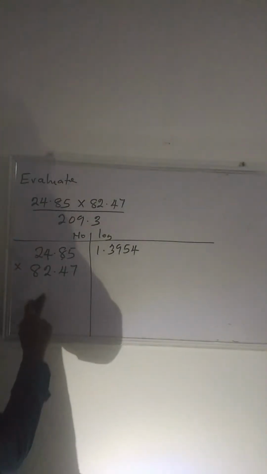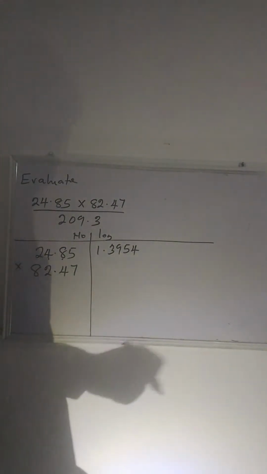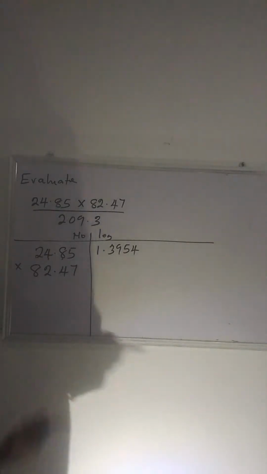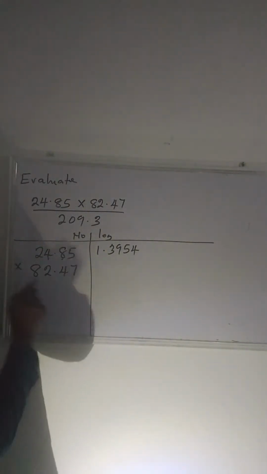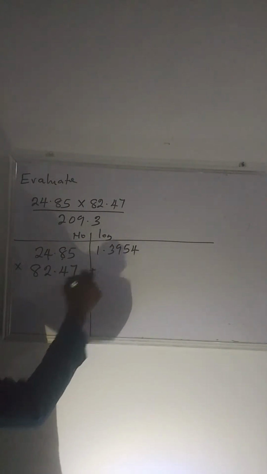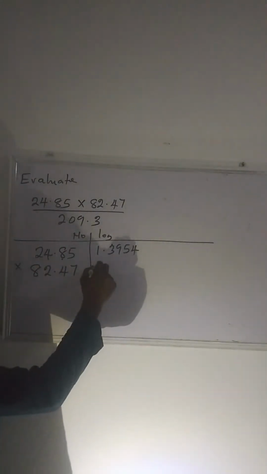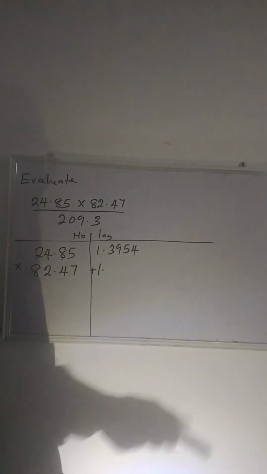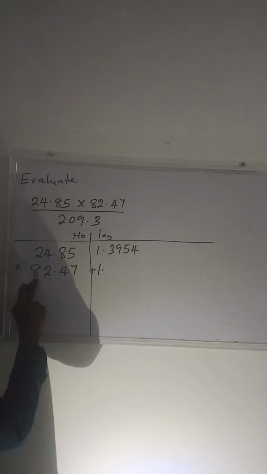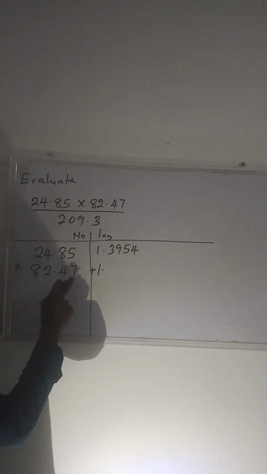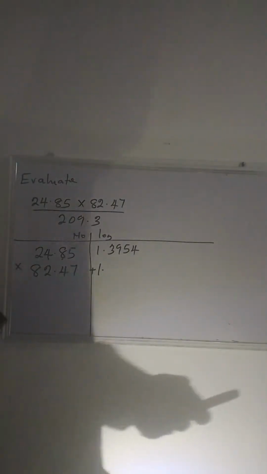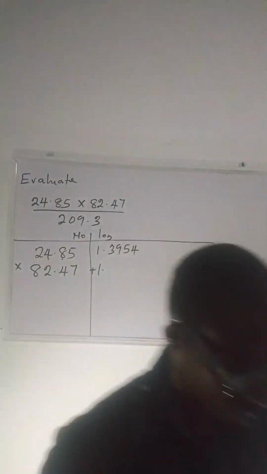Now the second number, the characteristic will be what? 1. Right? Don't forget, this multiplication will turn to plus. So you have the plus here. Characteristic is 1. Now you check 82 under 4, add difference 7. Can we check that and drop our answer?